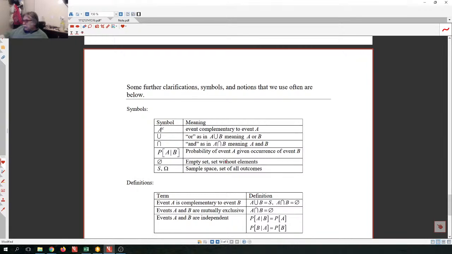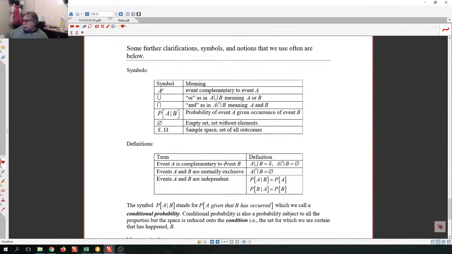Again, we use lots of symbols and notation here that are of some importance to us. So we are going to have a little more. Okay? So when you talk about the event complementary to an event A, we usually write an A with a superscript C, which would mean complementary. In computer science, people use logic and probability a lot. So they write like that. Means not A. So the A and the not A, that's a complementary event.